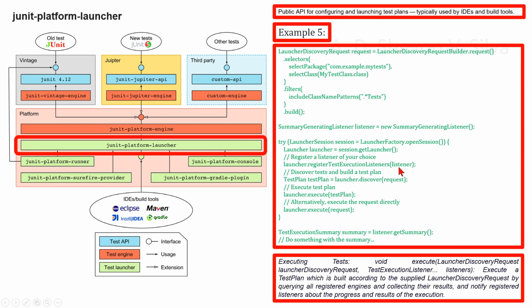Here, discover tests and build the test plan. Here, execute test plan, an alternate to execute the request directly. Here the test plan describes the class test plan. It describes the tree of tests and containers as discovered by a launcher.